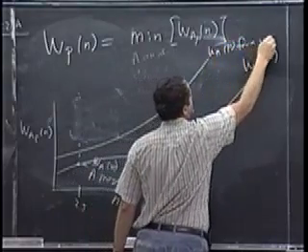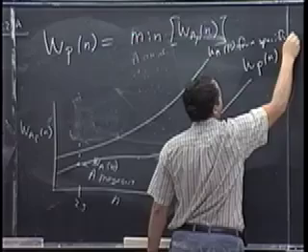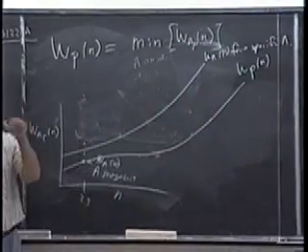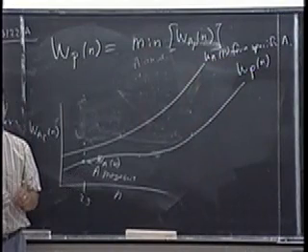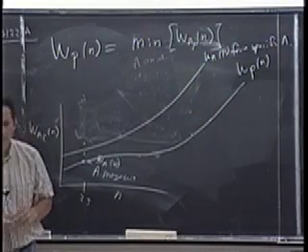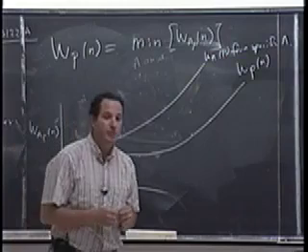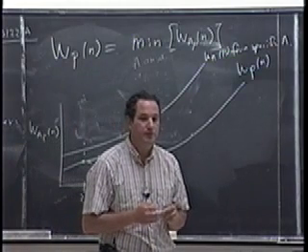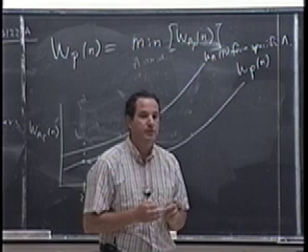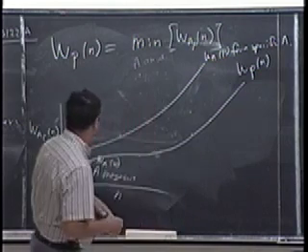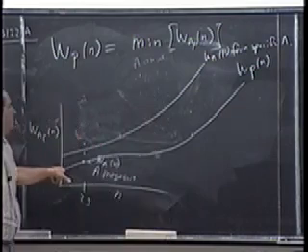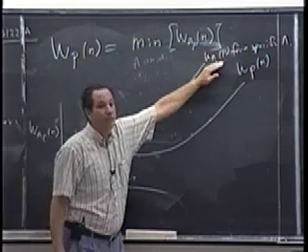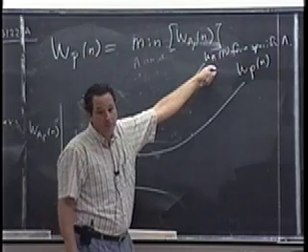Anybody? Yeah. The bottom curve is saying that problem P can be solved no faster than this. Yeah. This is saying that this function is a lower bound on W_A(n) for any A.